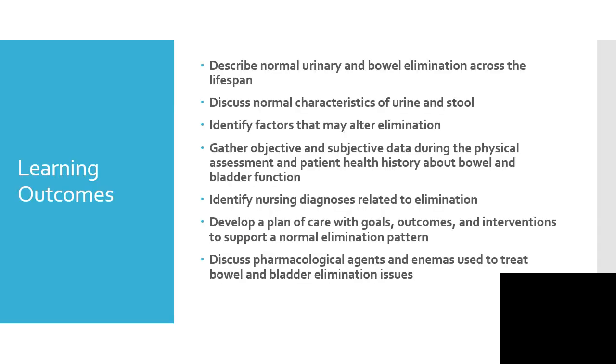The learning outcomes and objectives for this presentation are to describe normal urinary and bowel elimination across the lifespan, discuss normal characteristics of urine and stool, identify the factors that may alter elimination, be able to gather objective and subjective data during a physical assessment and the patient health history to find out what bowel and bladder function is normal for the patient, identify nursing diagnoses related to elimination, and then develop a plan of care with goals, outcomes, and interventions that support a normal elimination pattern.